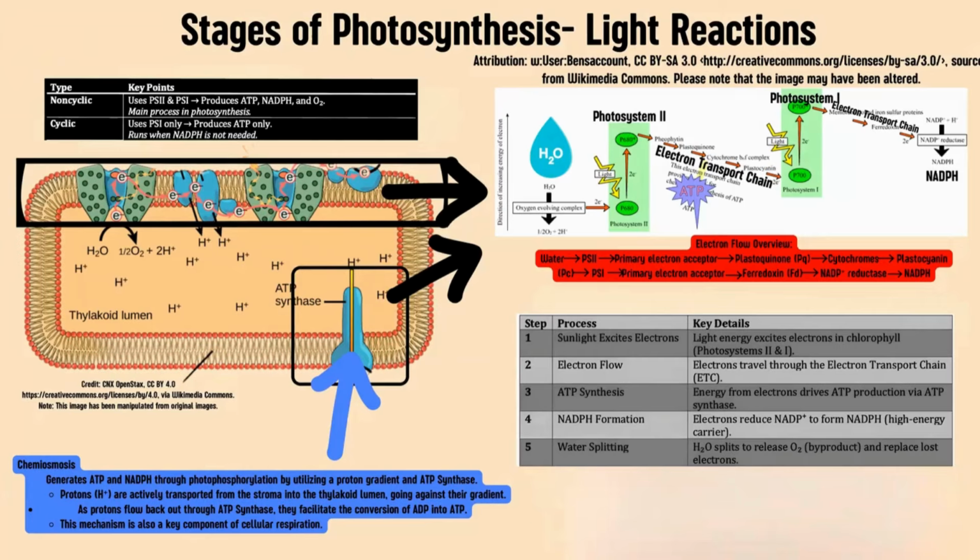I want you to understand that what is happening in this image is the same as what is happening here. Both of these demonstrate the same process of the light reaction, just in 2 different ways. And this is just to give you a very unique idea about the light reaction.